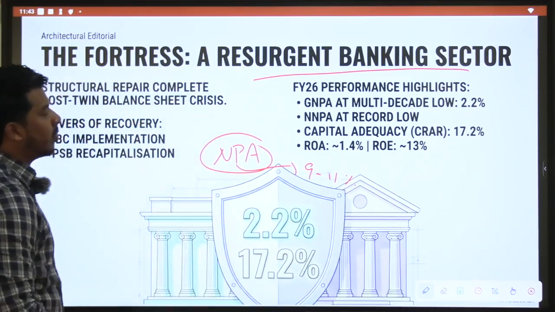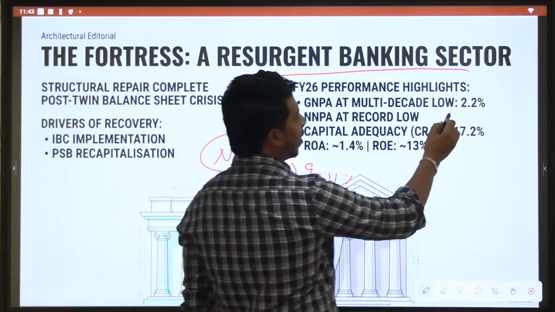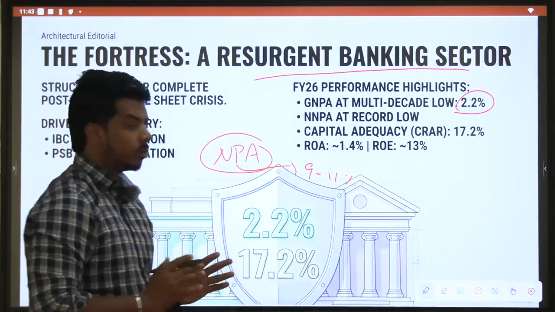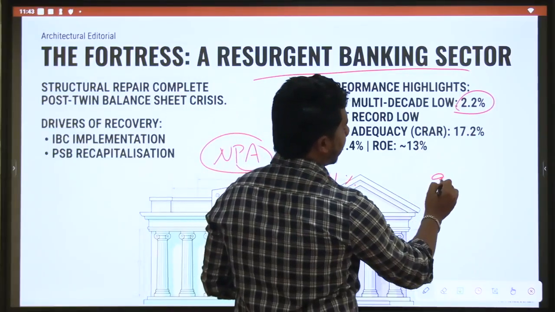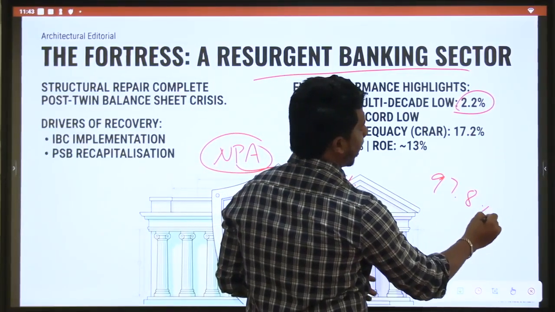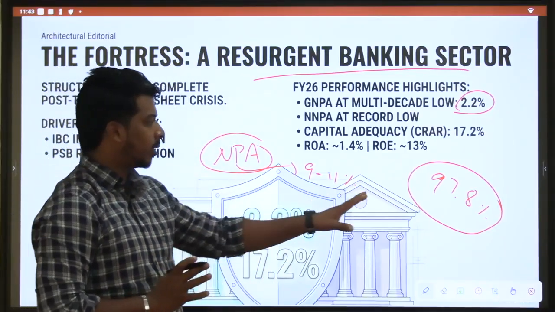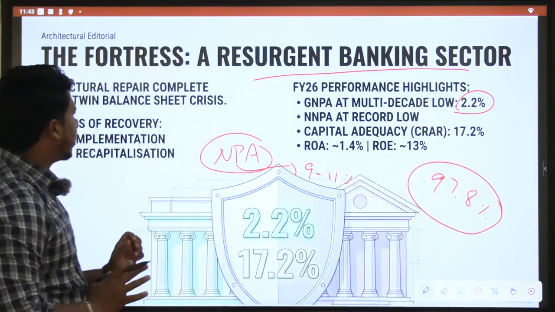But now gross NPAs have fallen to 2.2%. That means almost 97.8% of the loans banks are giving are being paid back. So this is a good thing. The health of the banking system is good.